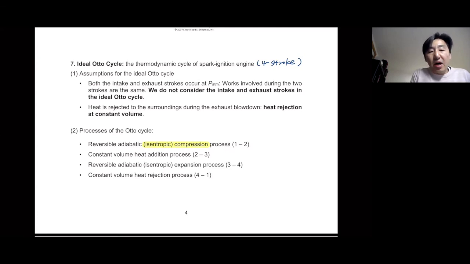Then we have a constant volume heat addition process. After this heat addition process, we again have an isentropic expansion process. After that expansion process, we have a constant volume heat rejection process.